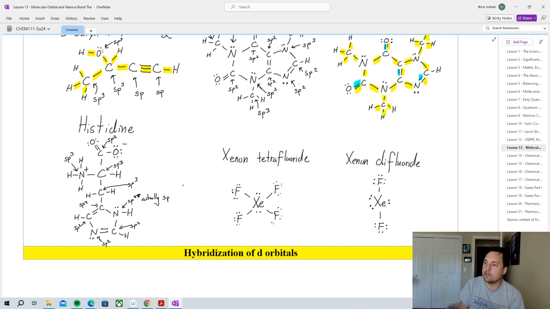If you draw a resonance structure, you'll see why it's actually sp2. The electron that's on this nitrogen is not actually localized on that nitrogen. It's delocalized with this carbon down here, and that can only occur when those electrons are in a pi bond.